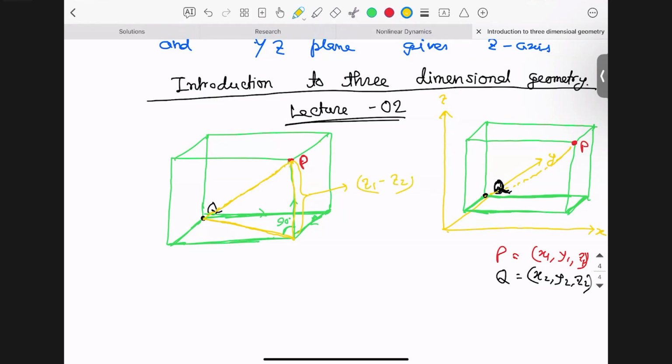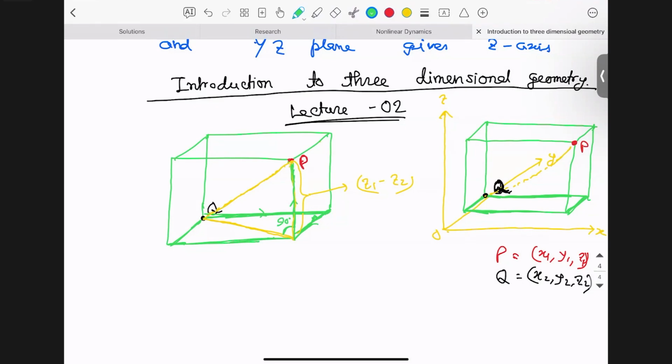Because if you look here, at first you go to Q, then P is above Q. From the geometry you can see that P is above, so we need to cover extra height or extra distance along Z to go to P. We can also clearly see that whenever we move like this, we move some distance along the x-axis, extra distance along the y-axis, and extra distance along the z-axis, right?